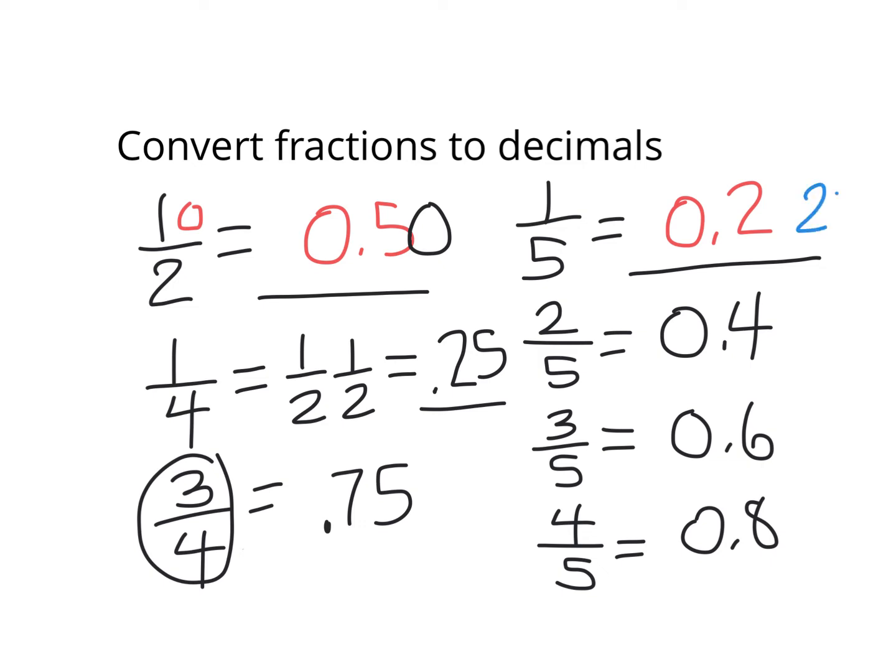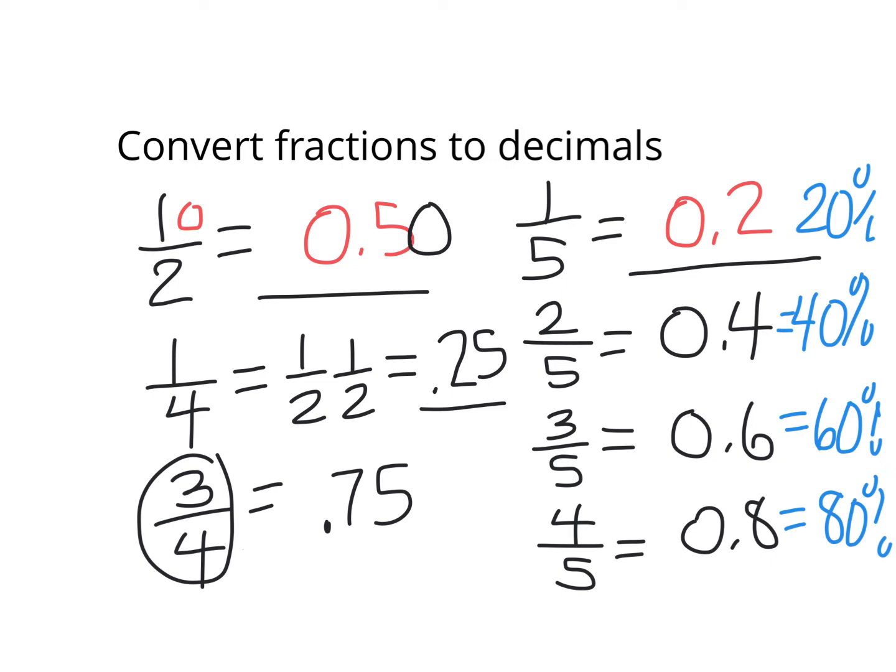Well, this is 20%, multiplied by 100 to change to a percent. This would be 40%. And then 0.6 times 100 would be 60%. And 0.8 times 100 is 80%.